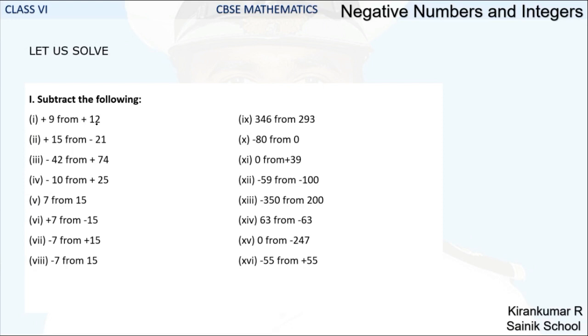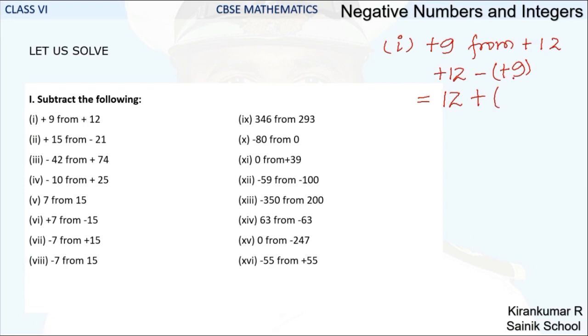+9 subtracted from +12. So +12 has to be written first, then we are subtracting +9. As we have learned, this problem can be changed into an addition problem. So I'll write plus. Instead of +9, I'm going to take -9.